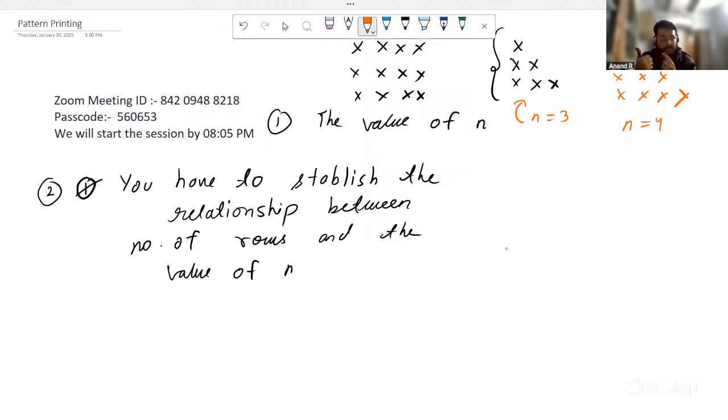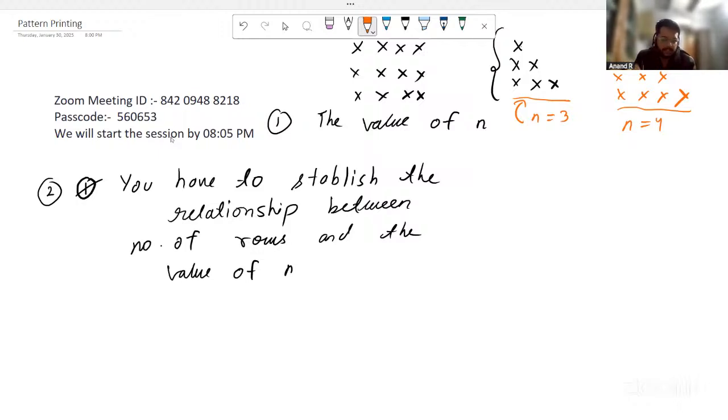You have to first read the value of n, and then establish the relationship between the number of rows and the value of n. In this example, if you have to print something of this sort, what is the relationship between the number of rows and the value of n?